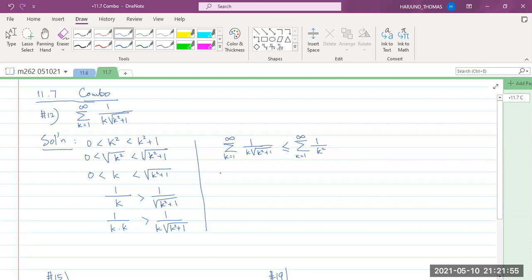Now, is the series 1 over k squared convergent or divergent, and why?